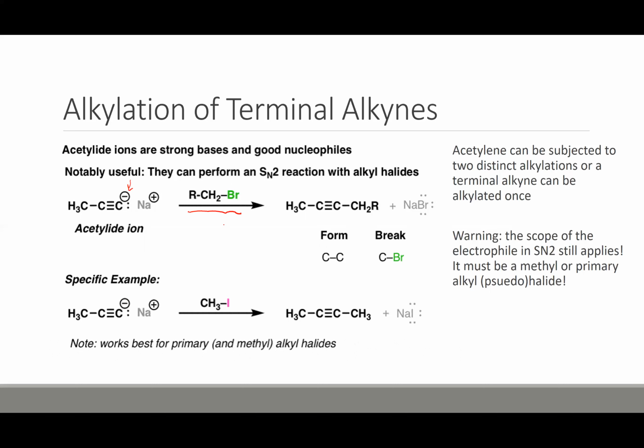R can represent any carbon group, any length carbon group, attached to a CH2, which is attached to a bromine. So you'll see some halide there. And we're going to form a carbon-carbon bond and break this carbon halide bond via a substitution.